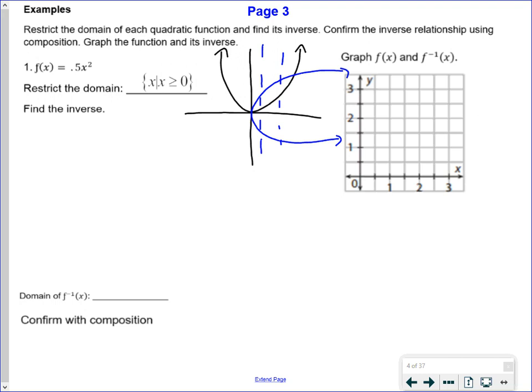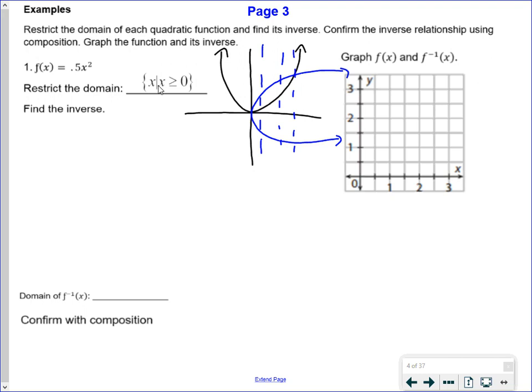You can have multiple y values for... no, you can have multiple x's for a y, but you cannot have multiple y's for an x. Basically, if you don't pass the vertical line test, like we did here, you draw a vertical line. If it passes through 2 points, that is not going to be a function. And we can see the blue graph that I drew is not a function because anytime I draw a vertical line, I'm going through more than one point, and I can't do that.